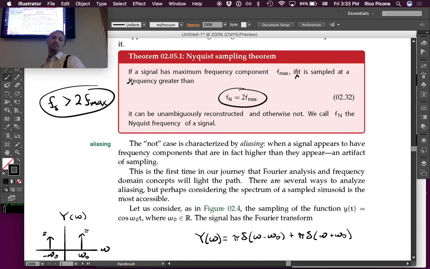Sure. Fn is what we call 2 times F max, so you could also write this as Fs is greater than Fn. The Nyquist frequency is that magic frequency above which you must sample, but also you don't know where I am. Little caveat. Yeah.